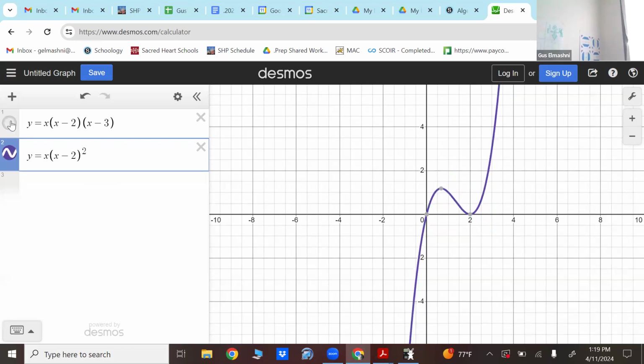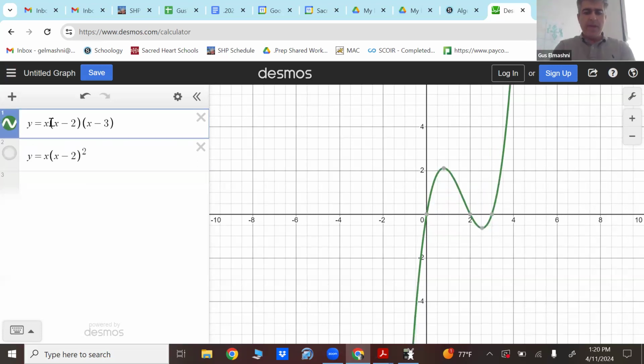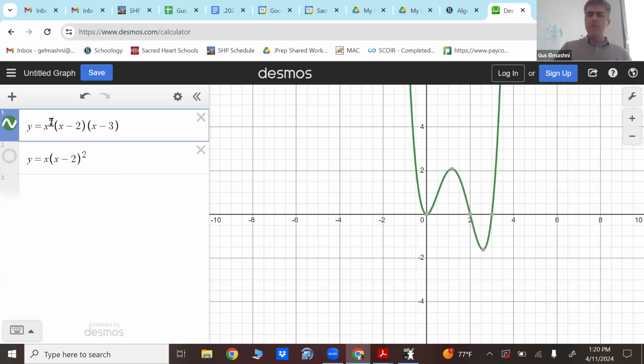We're noticing that if you see it bounce here, it's probably because the factor has a 2 next to it. For example, let me turn this one off and turn this one back on again. What if I were to raise that to the second power? Do you see it bounce? Where do you see it bounce? At what x-intercept do you see it bounce?